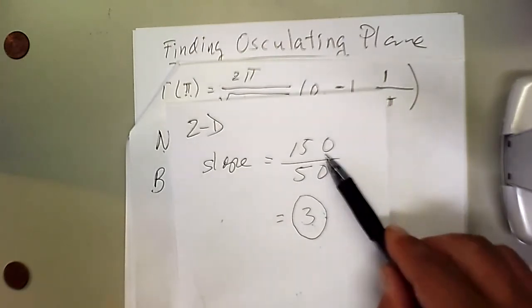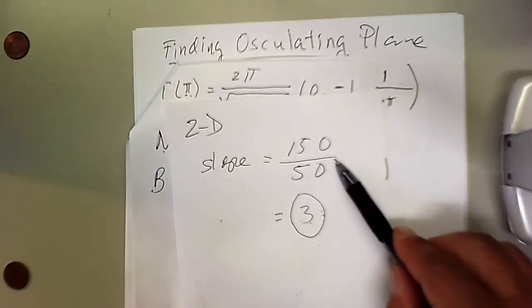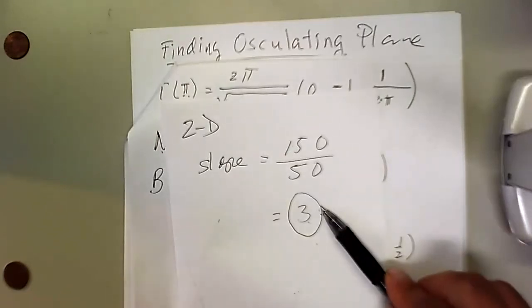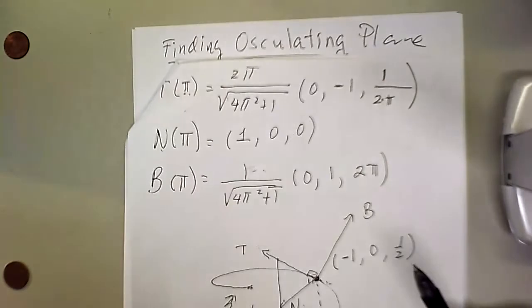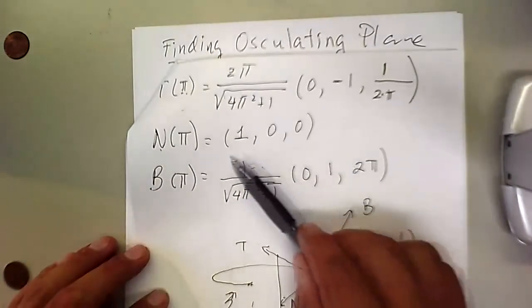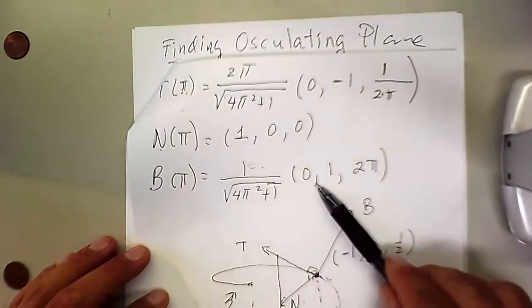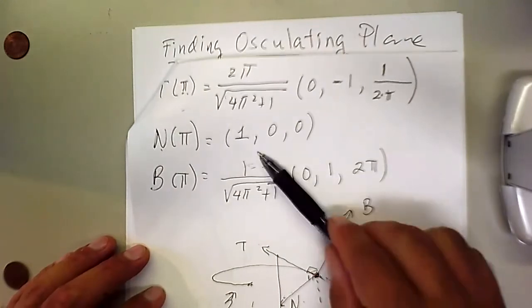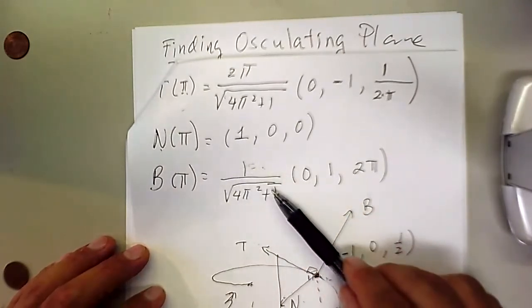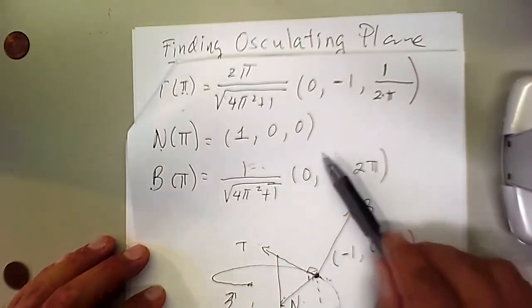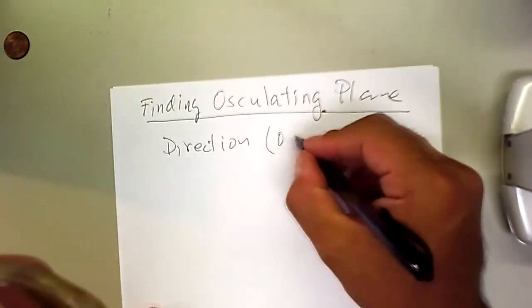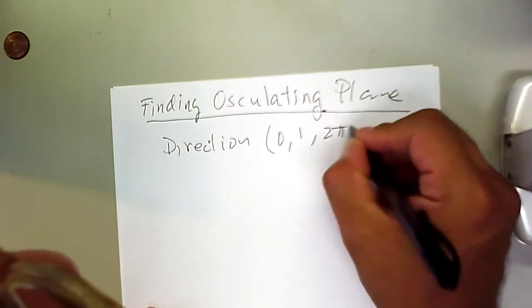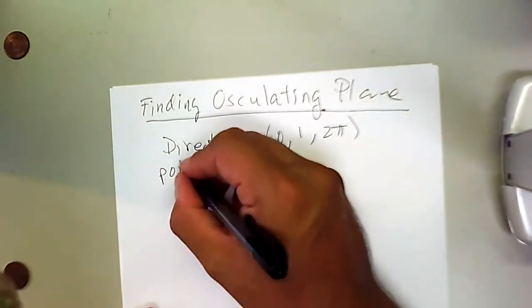That one is unnecessarily more complicated than it has to be, even though we end up with the same equivalent equation. So can we use all of this? Absolutely yes, but why should I make my life more complicated when we can just use this direction? So 0, 1, 2 pi, and then we need a point.